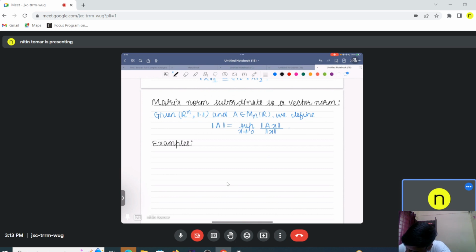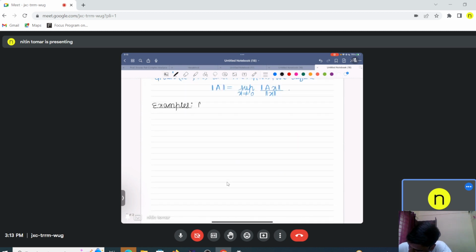Examples. Matrix norm subordinate to the number 1. So first we saw the one subordinate to the maximum norm, that is the L infinity norm, or let me write it as it is, L infinity norm, and it is norm A infinity.